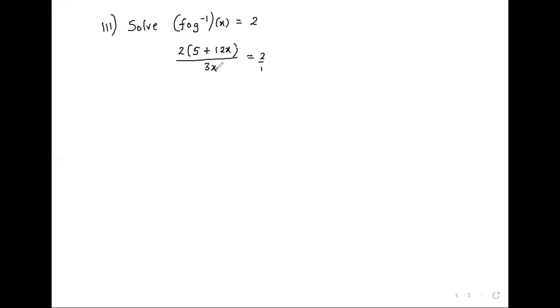So if we cross multiply, we will have 10 plus 24x is equal to 6x. And that means 18x is equal to minus 10. So divide by 18, divide by 18.